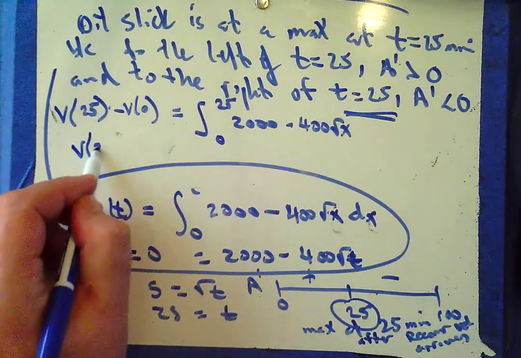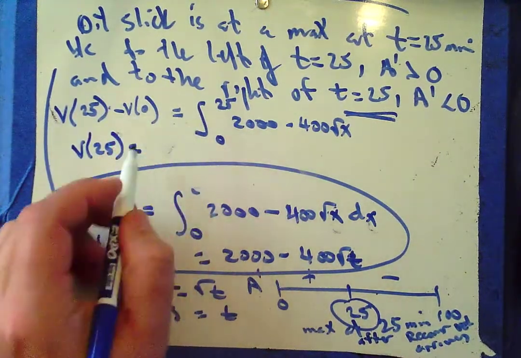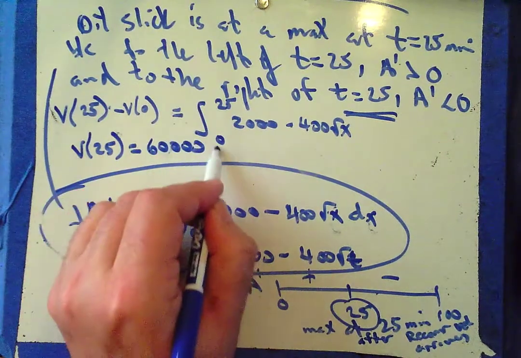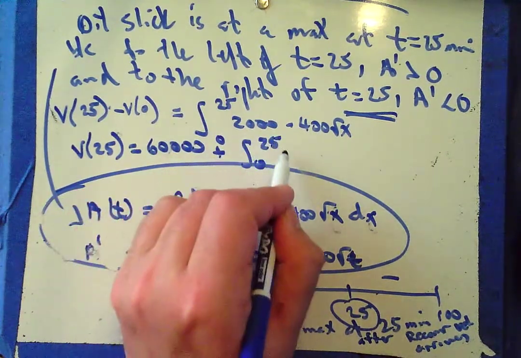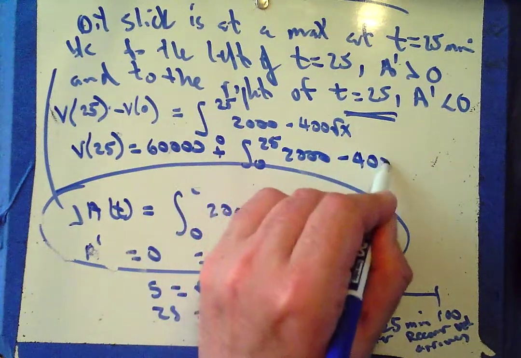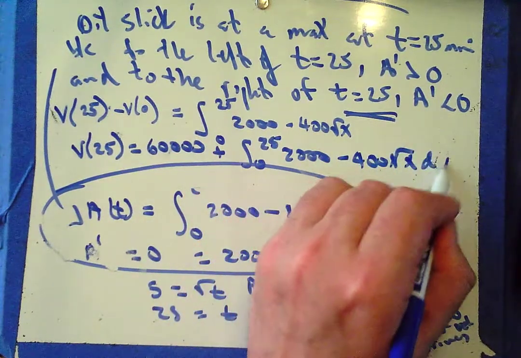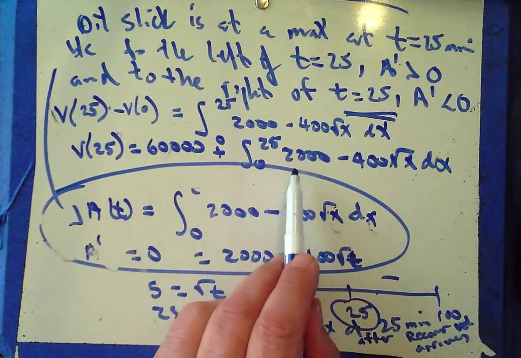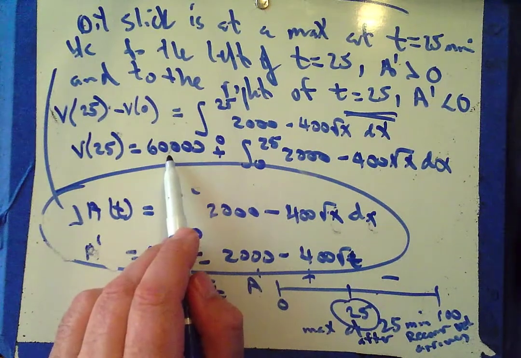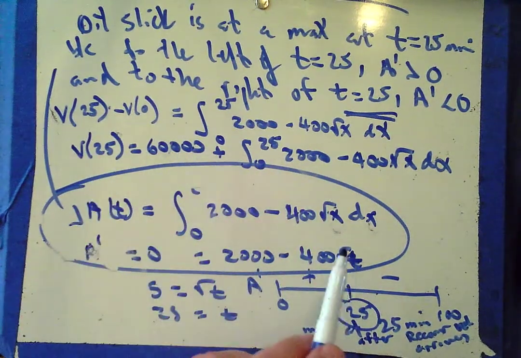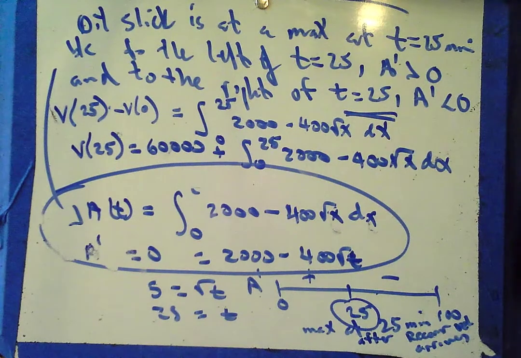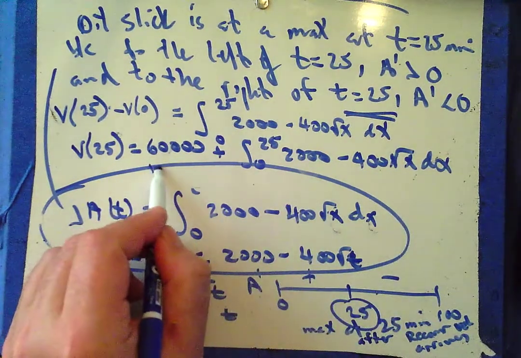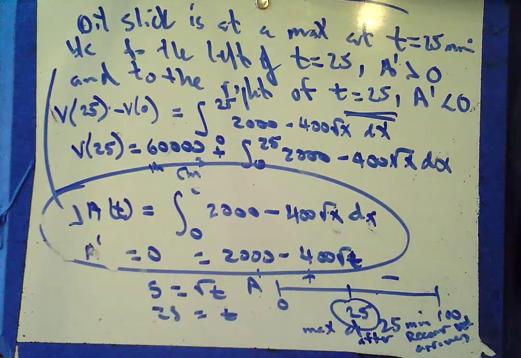And so V of 25, I add V of 0, or 60,000, to both sides. I get the integral from 0 to 25 of 2,000 minus 400 square root of x dx. Okay, so that's what the recovery vehicle does, and that's the original amount. I add those two together, and I should end up with this. Great. Okay, and this would be volume in centimeters cubed. So there's part C for number 7, and all we have to do is number 8 now.